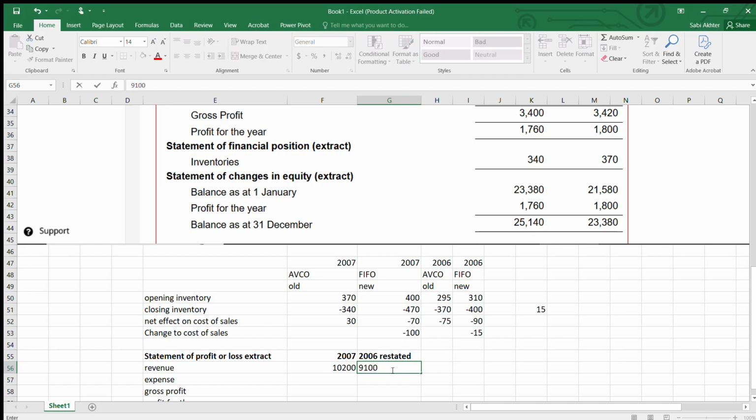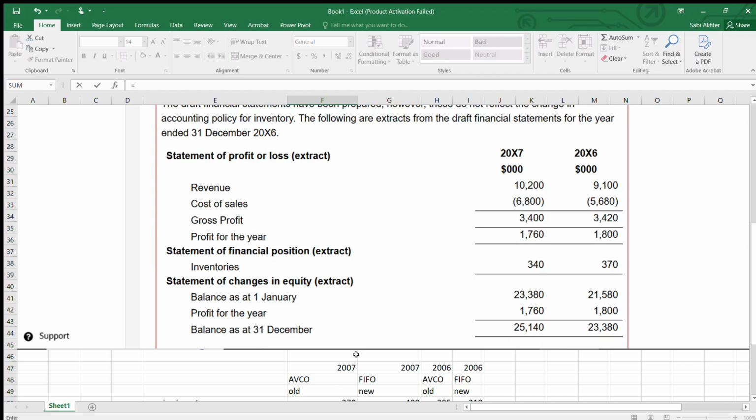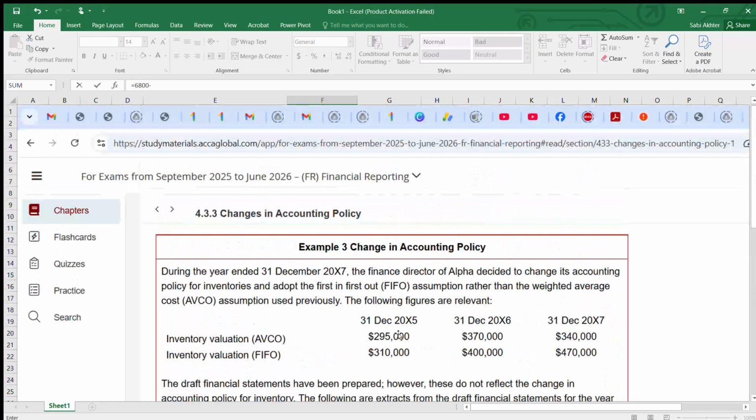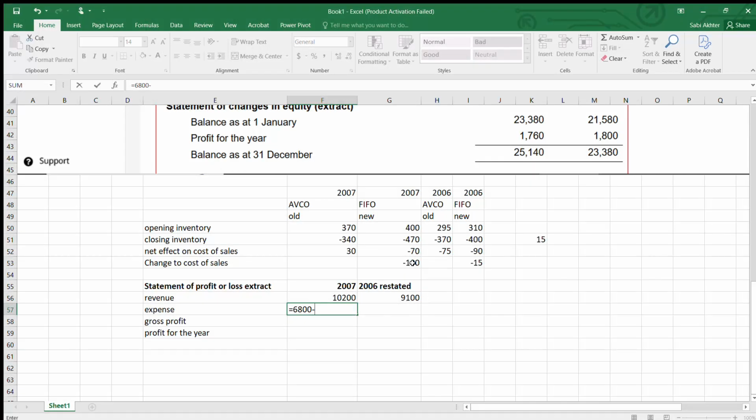When you come to expense, be careful. This is the place where it is changed. Look at your cost of sales. It is 6,800. So from here 6,800, you have to deduct how much? Go to this table. Minus 100. You are supposed to deduct 100 for 2007.